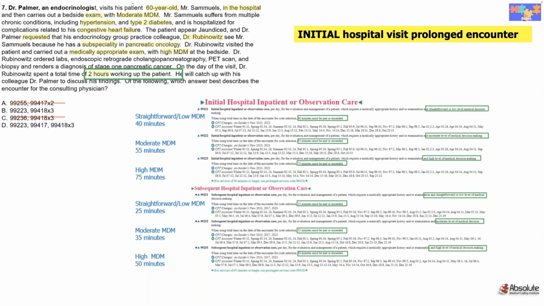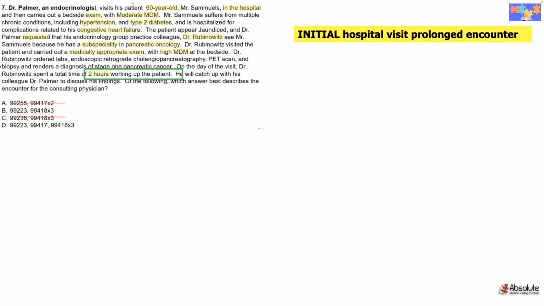Those 2 hours will now be 120 minutes. And we're going to take that 120 minutes and subtract 75, because 75 will be our level of service, our 99223 code. And anything remaining will be our prolonged services time. So we have 45 minutes remaining and 45 minutes of prolonged services.